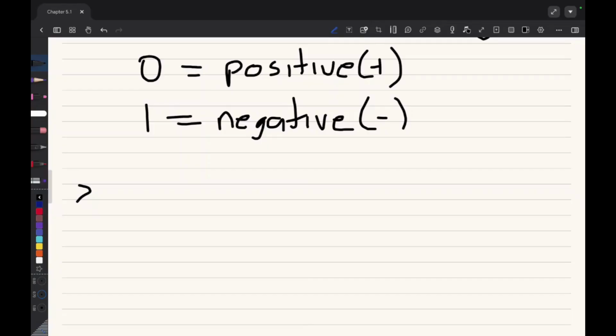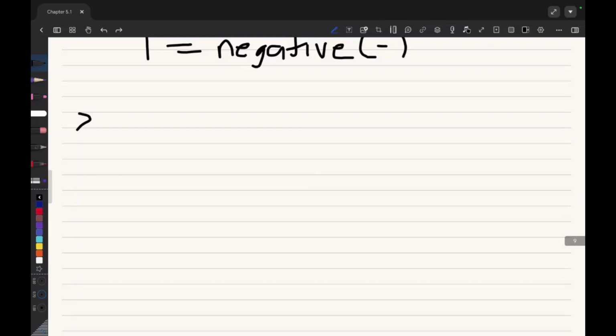You take the first number that you come across. You count from left to right, instead of right to left. You're going to take the first number and then you put it in the sign table. Now this is going to be your sign.